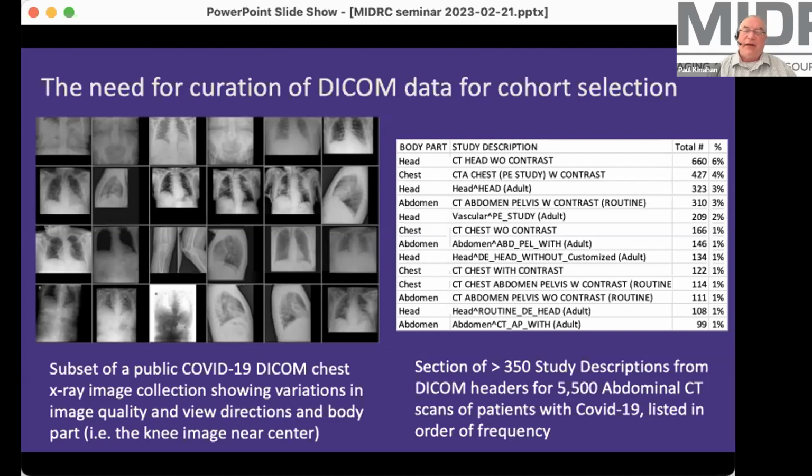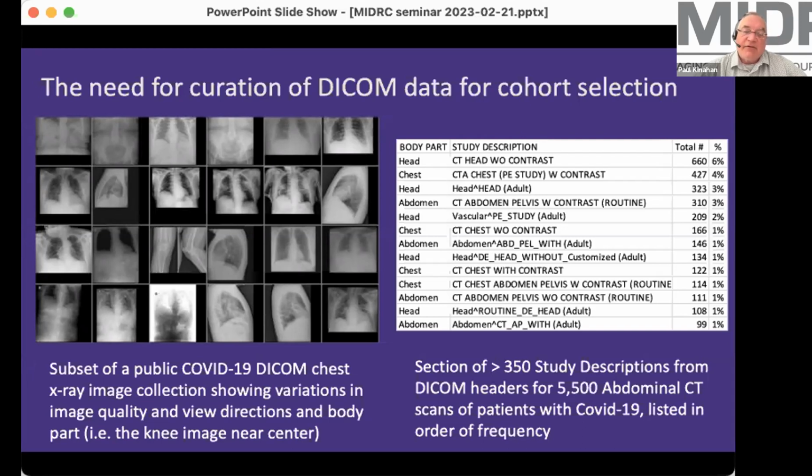On the right-hand side, we're now looking at the DICOM metadata for some CT exams. This was a set of 5,500 CT exams that were labeled as abdominal CT scans.